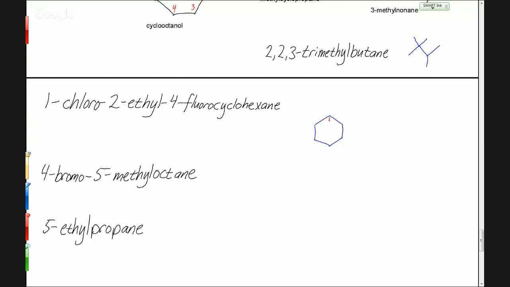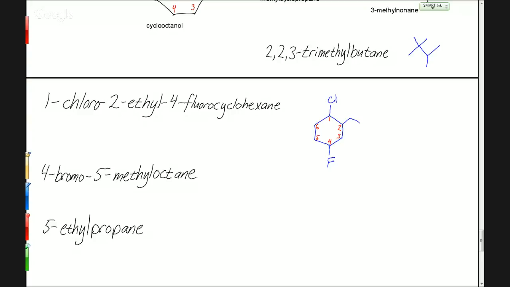It doesn't matter where we start because there's nothing on there yet. You could start anywhere and go any direction. But now we know 1 should be chloro, 2 should be ethyl, and 4 should be fluoro.